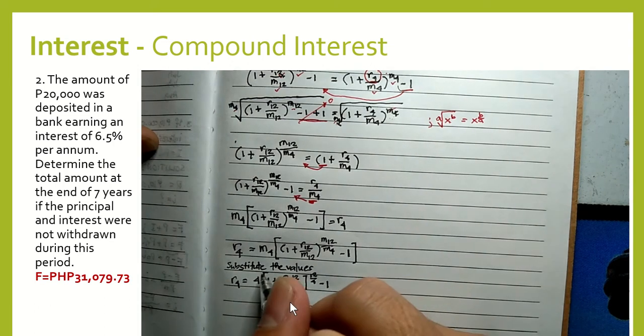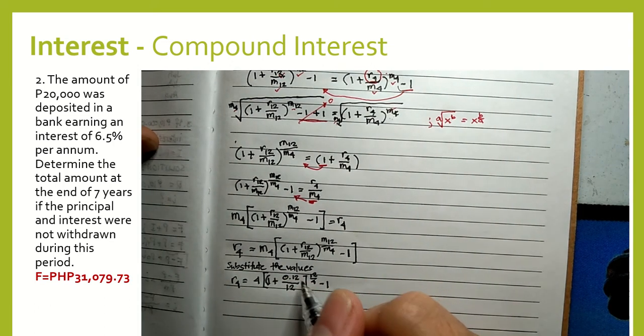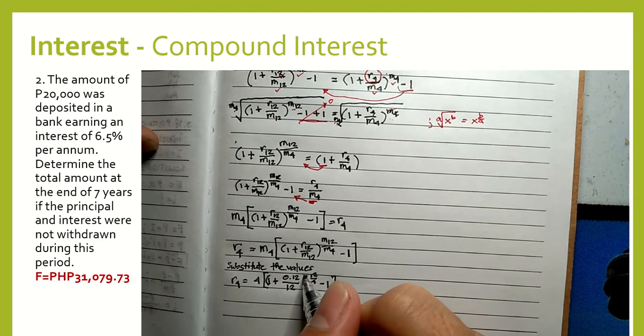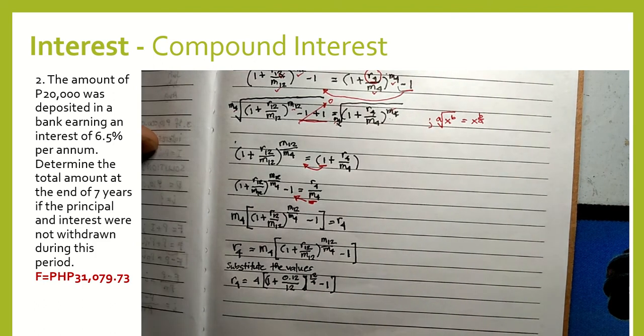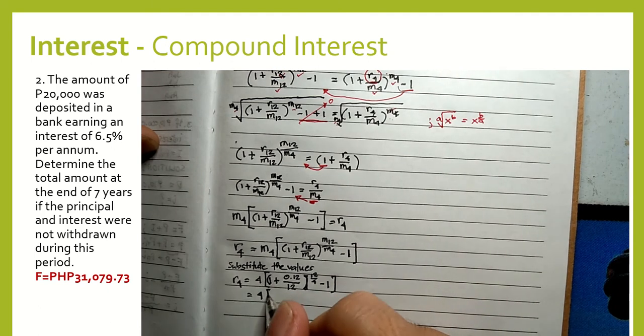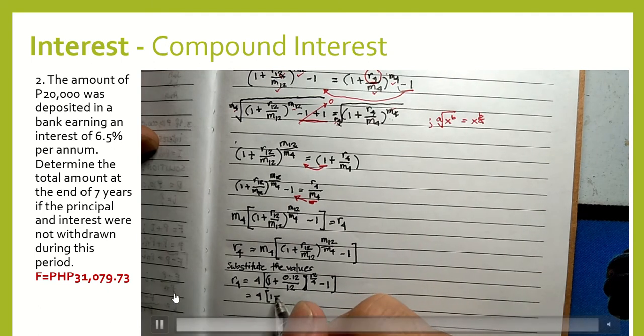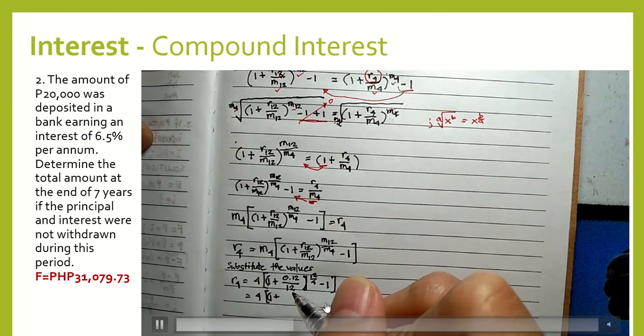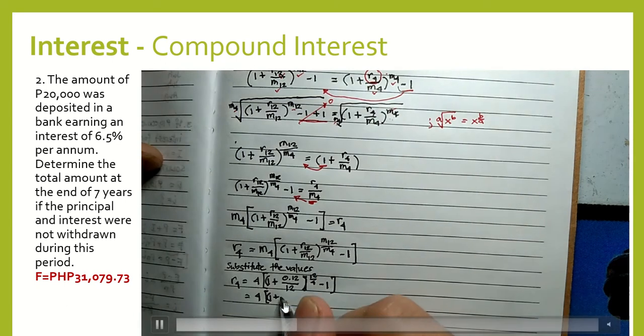Oh, by the way, do not forget the quantity. Then use your calculator. If you have this equation, you can directly use your calculator, but to simplify it further, we'll have this 1 plus 0.12 over 12.